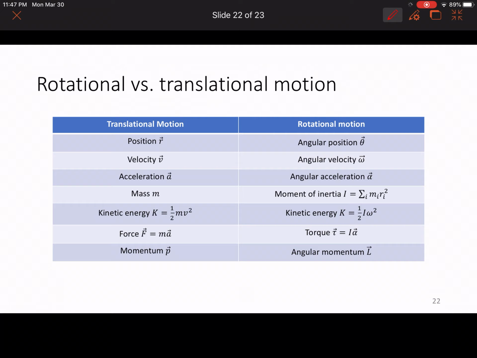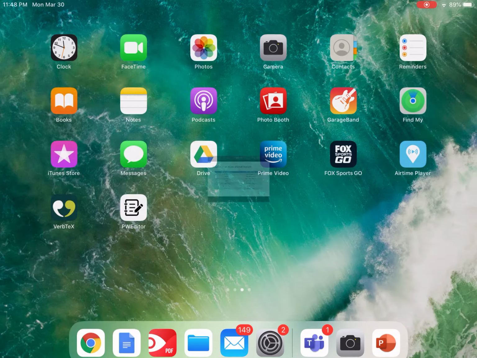For example, mass becomes a new quantity called the moment of inertia. Kinetic energy is going to become kinetic energy. There's going to be a rotational version of kinetic energy. And then in the next chapter, we'll talk about force. Force is going to become this object known as torque, which those of you who have wrenches are familiar with. And momentum is going to develop into this lovely quantity called angular momentum that haunts physics students and will till the day I die. But I'm going to hopefully tell you it's not too bad. And we will pick up with that next time.